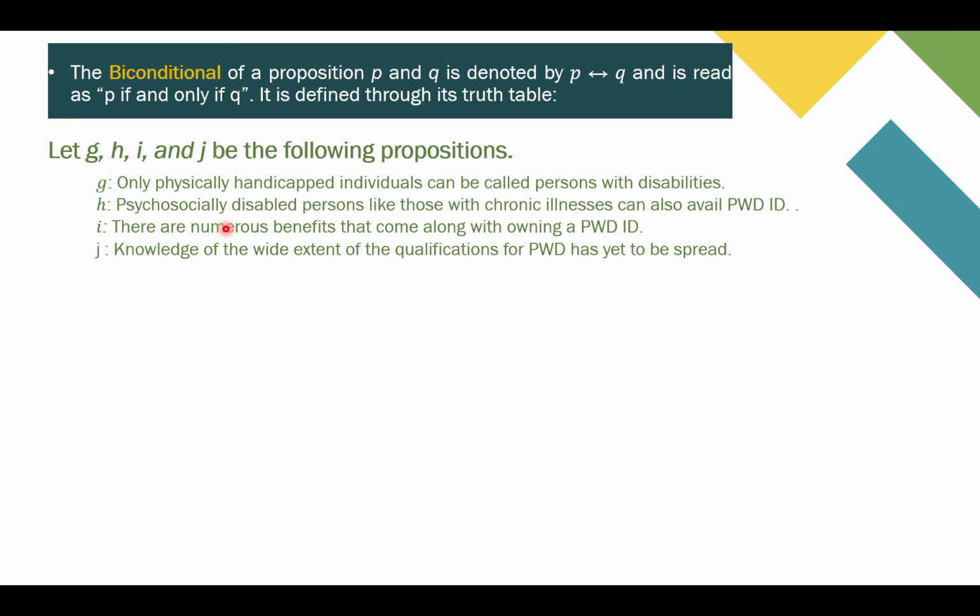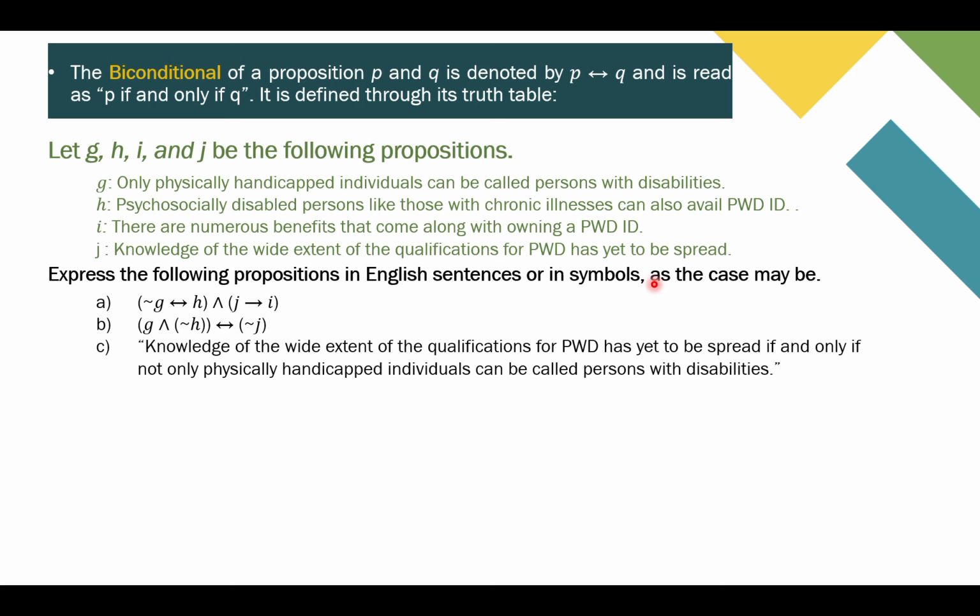H. Psychosocially disabled persons like those with chronic illnesses can also avail PWD ID. I. There are numerous benefits that come along with owning a PWD ID. And J. Knowledge of the wide extent of the qualifications for PWD has yet to be spread.